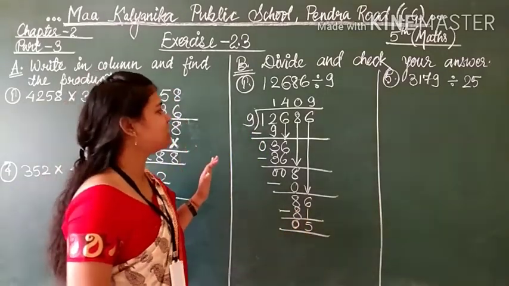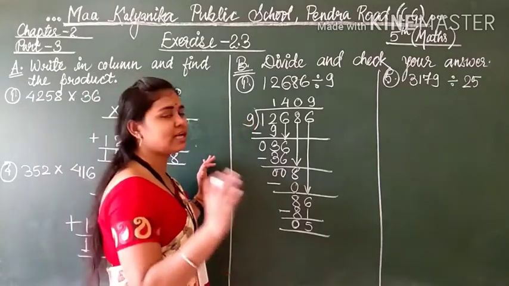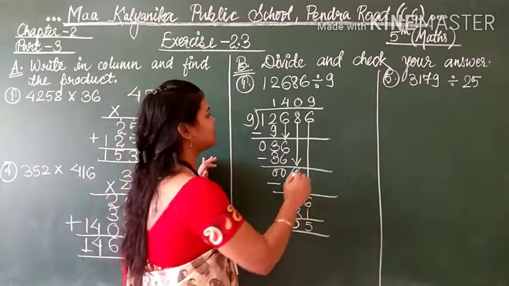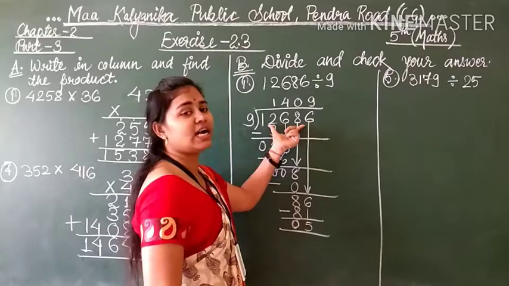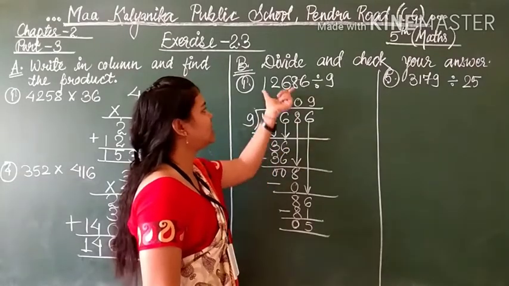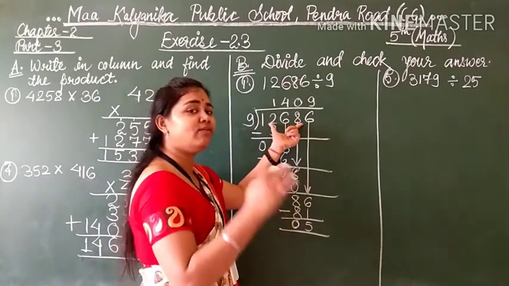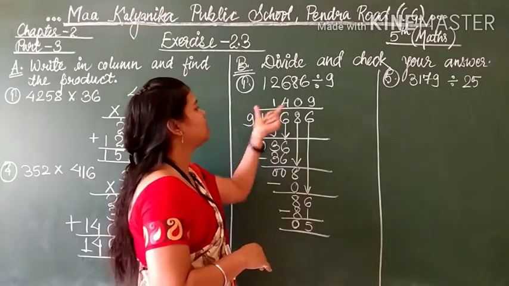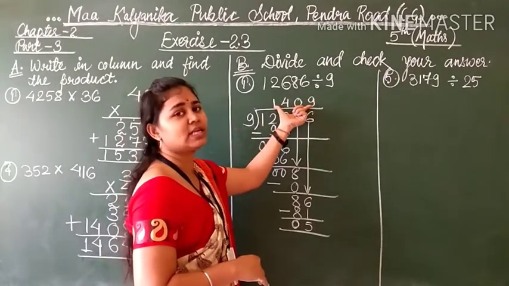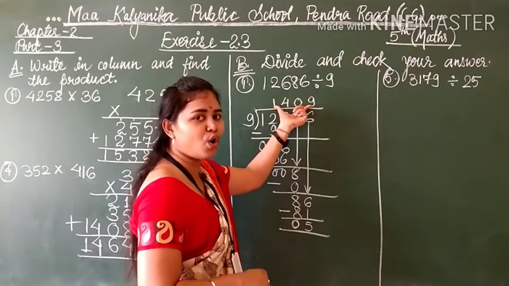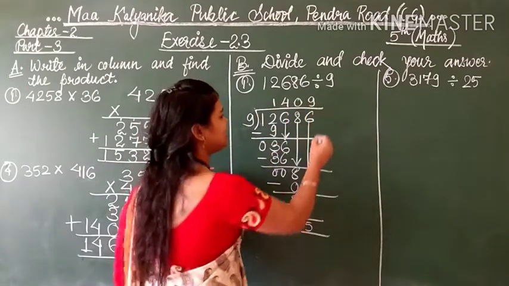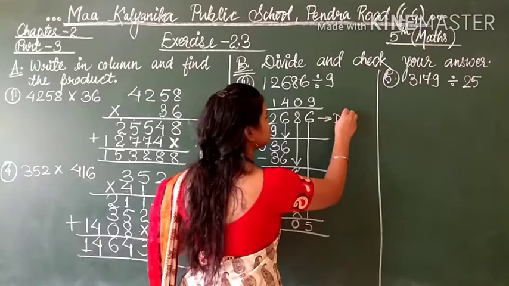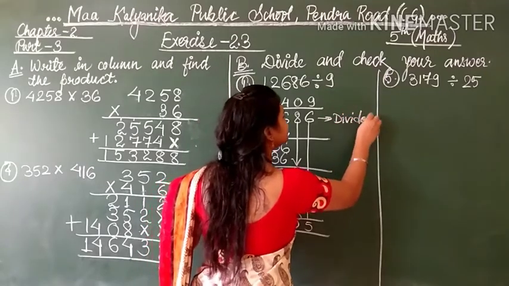So students, what are the terms used? As I had told you in the first video of chapter number 2, this is the dividend, which you are dividing. By which you are dividing? 9 is the divisor. The answer received here is the quotient. QUOTIENT. This is the dividend.